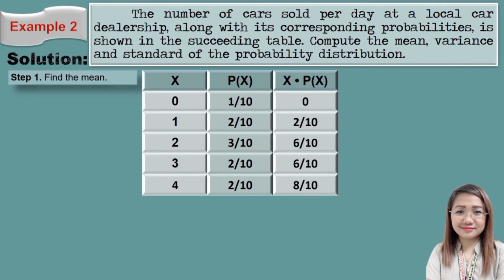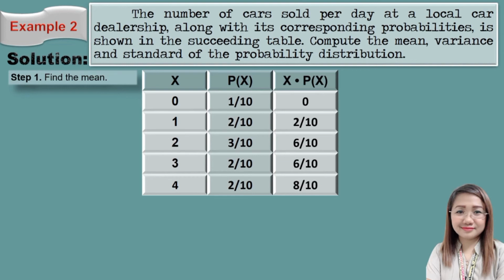So we have 0 times 1 over 10 is 0. 1 times 2 over 10 is 2 over 10. 2 times 3 over 10 is 6 over 10. 3 times 2 over 10 equals 6 over 10. 4 times 2 over 10 is 8 over 10.